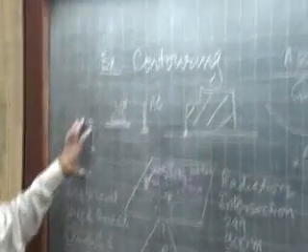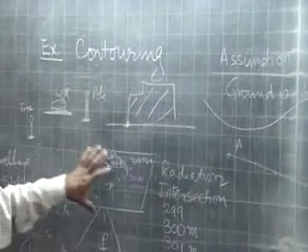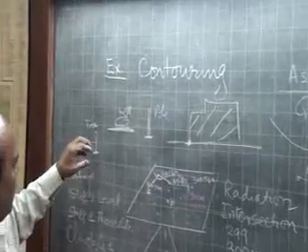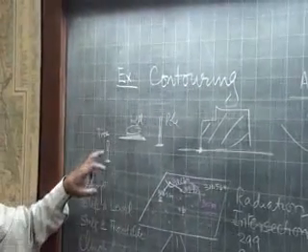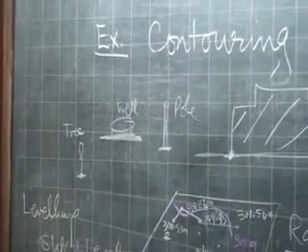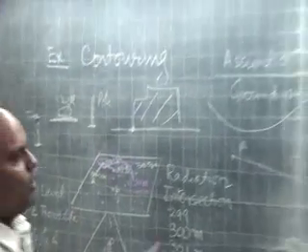So while we are carrying out a plane table work in the field, you have to ensure that you have sufficient number of spot elevations. So while plotting the details, at the same time, you have to note down the elevations of all the points, and once you have sufficient number of elevations, you try to interpolate.